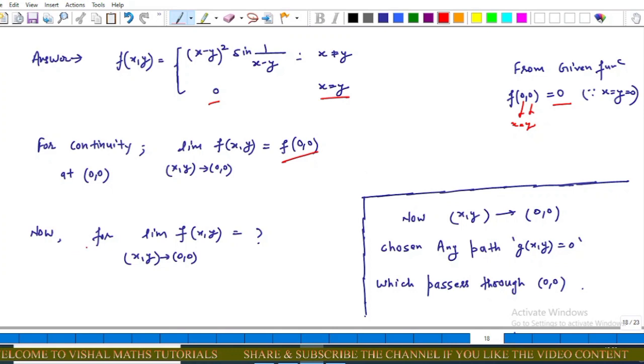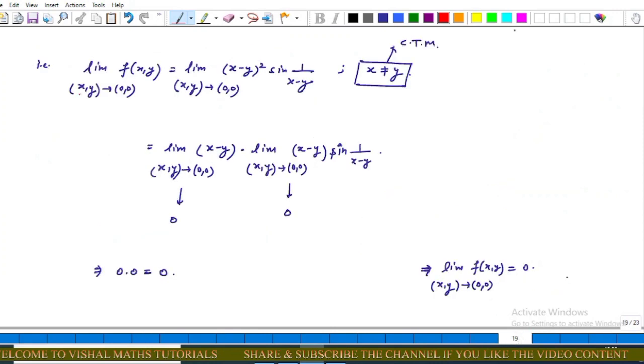Now after this we have to check the limiting behavior of the function at (0, 0). The trick is that as (x, y) tends to (0, 0), we choose any path g(x, y) = 0 which passes through the origin. The limiting value of the function at (0, 0) equals the limit of (x − y)² sin(1/(x − y)) such that x ≠ y.